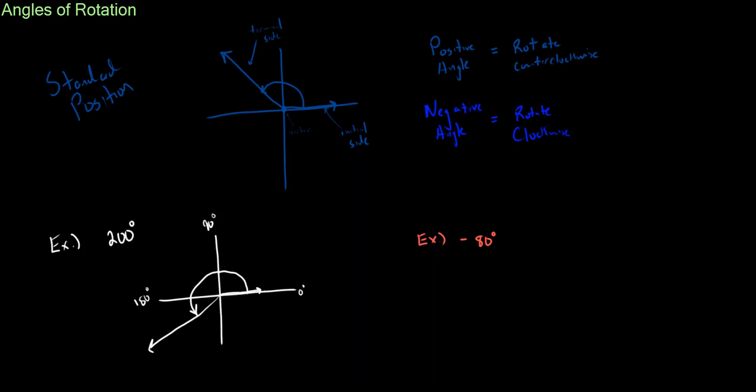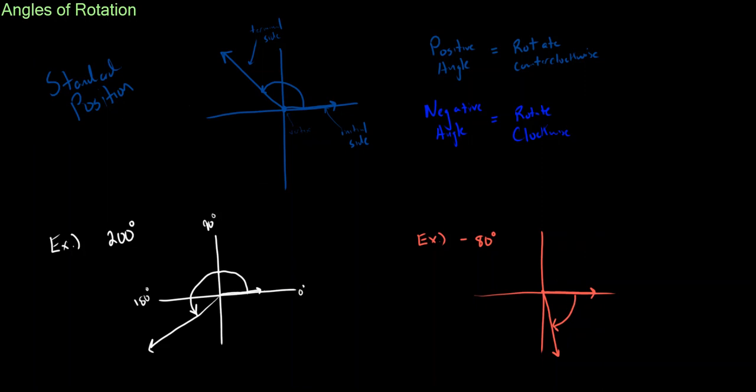But we still start on the positive side of the x-axis. So when I draw my angle here, I still have my vertex at the origin. I'm still starting on the positive side of the x-axis, and now I rotate clockwise. I would rotate 80 degrees. This would be 90 right here, so I'd be right around here. Let me show where I'm going. And that would be negative 80 degrees.